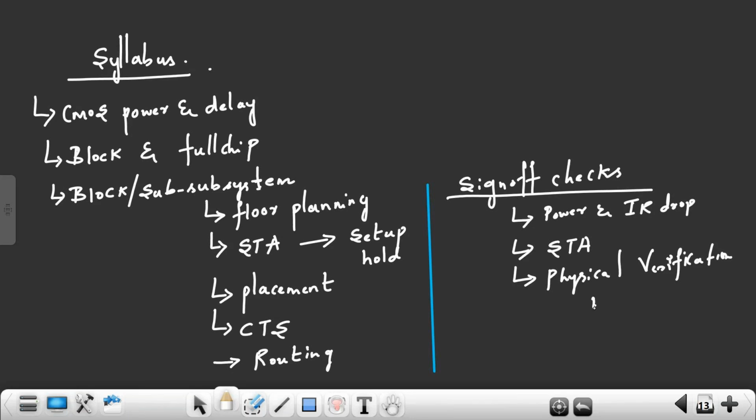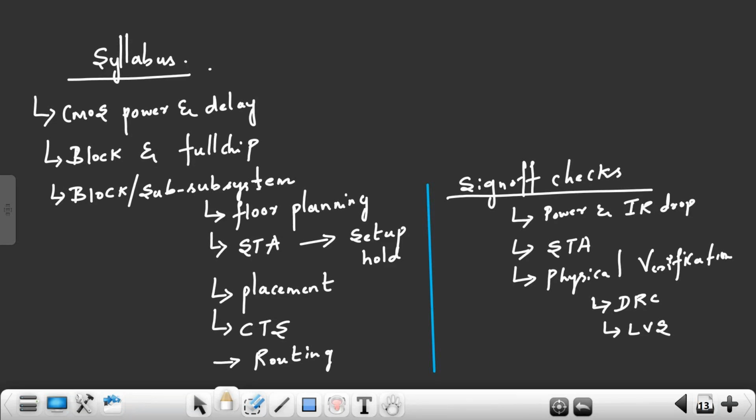Here we discuss DRC and LVS, design rule checks and LVS. So all these things we are going to verify in your sign off checks. So this is the syllabus covered in your design.